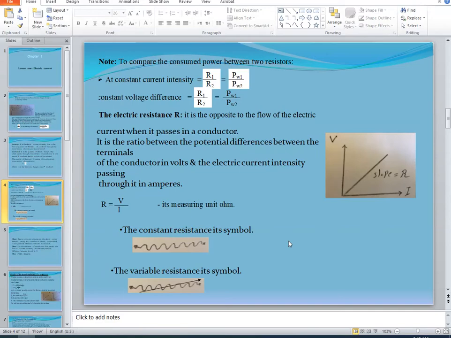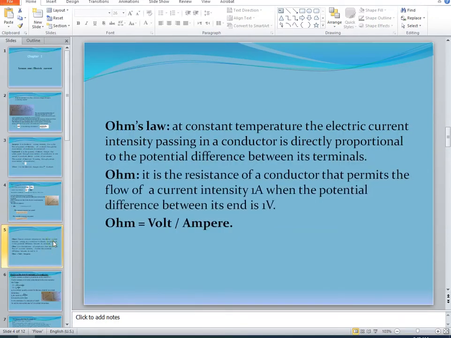So we can define the ohmic resistance as the opposition to the flow of the electric current when it passes in a conductor, or the ratio between the potential difference between 2 points on the conductor and the electric current intensity passing through this wire. So we have here something called R.